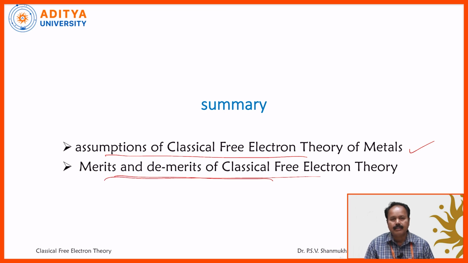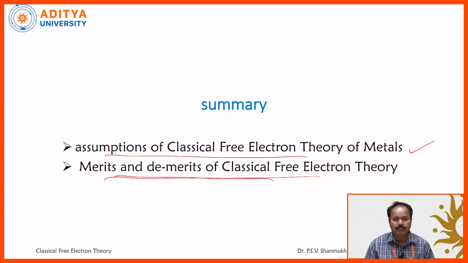Coming to the merits and demerits, this theory could explain some phenomena or some properties of metals like electrical conductivity and thermal conductivity of metals. It could explain paramagnetism. It verified Ohm's law, and it could explain the Wiedemann-Franz law and so many things.